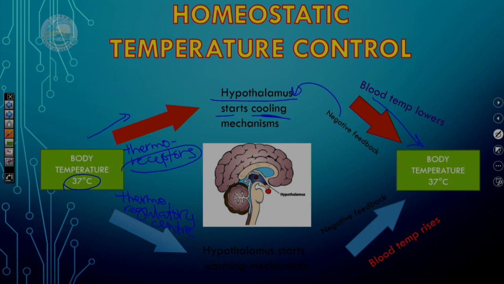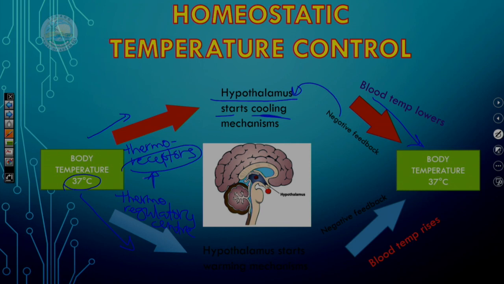Likewise, if your temperature falls below your accepted range of 37 degrees Celsius, maybe you got locked in a freezer, I don't know, or you went outside in the snow, or you are in a room where the AC is stuck on very low temperatures, then your receptors again are going to come in, whether it's the thermoreceptors on your skin or the regulatory centers within your brain.